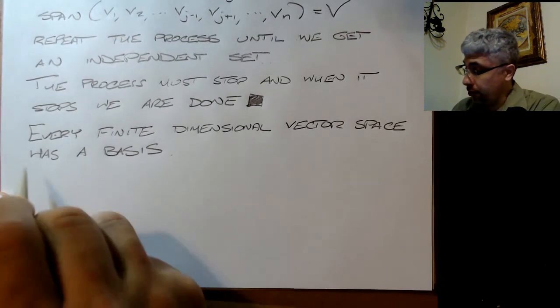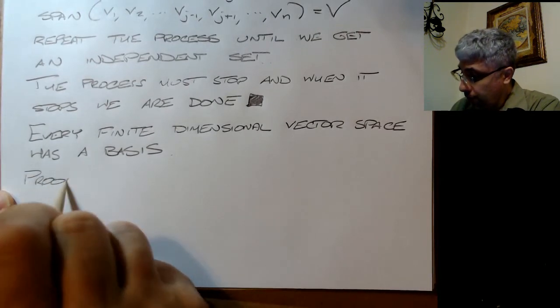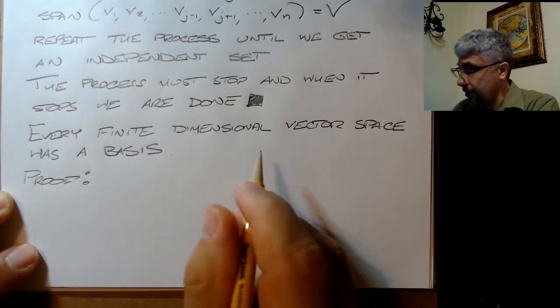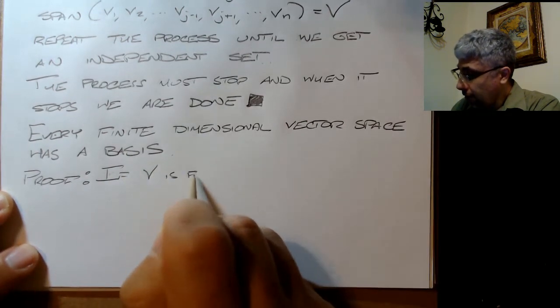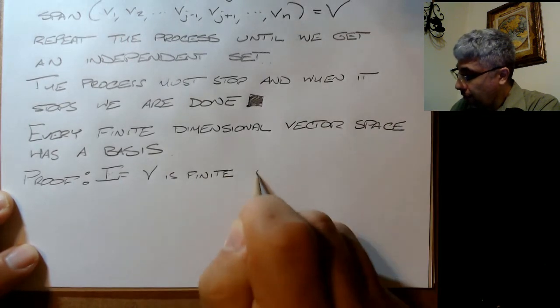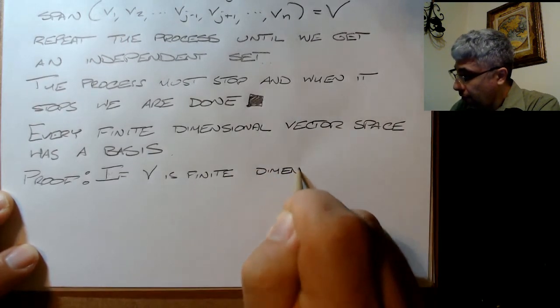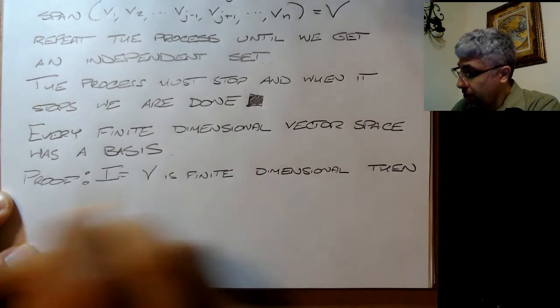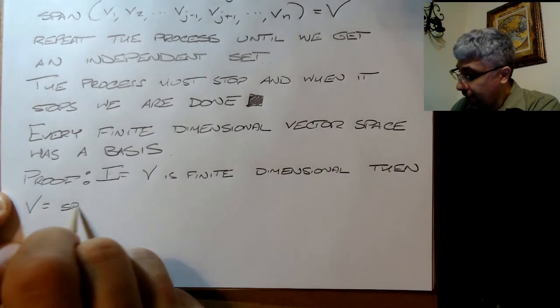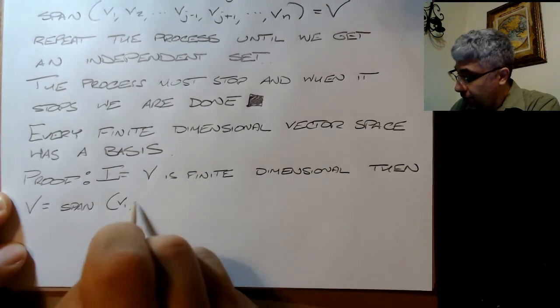Okay, so proof, well, if it's finite dimensional, then what does it mean? What's the definition? Well, V is equal to the span of some V1 through Vn. And what can we use?